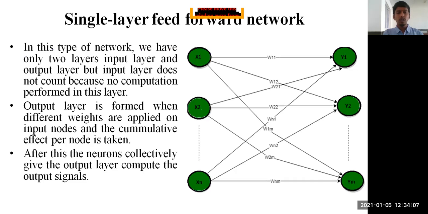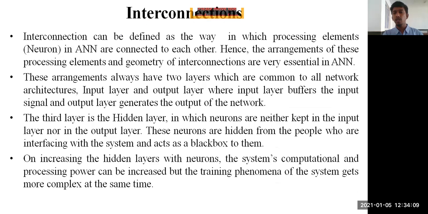So that's how you have two layers in any network, and then there is a third layer, the hidden layer, in which neurons are neither in the input layer nor in the output layer. They act as a mediator between the input and output, where computations are actually done using your activation functions.